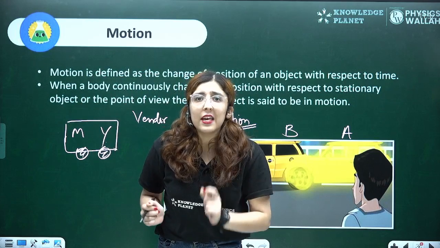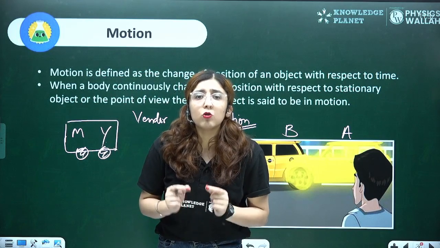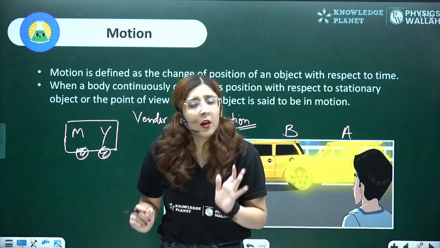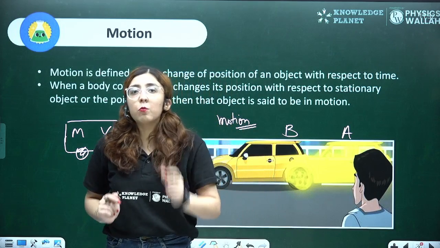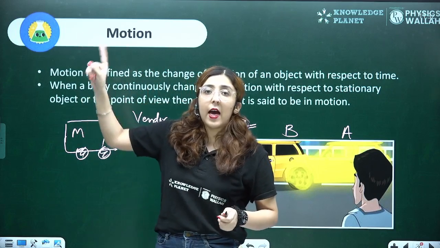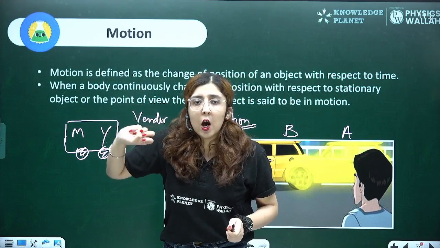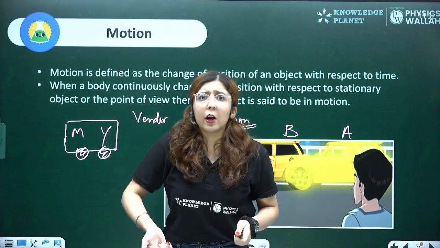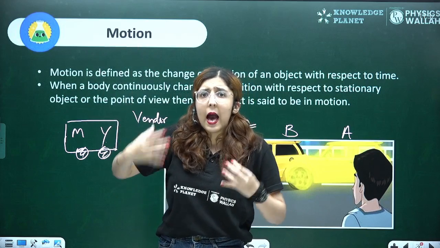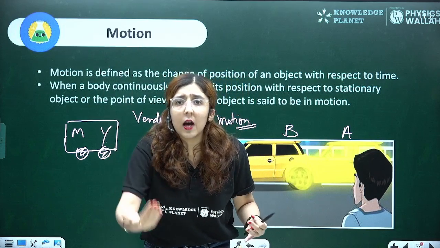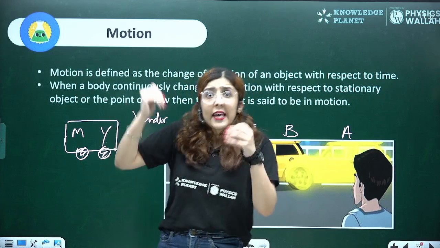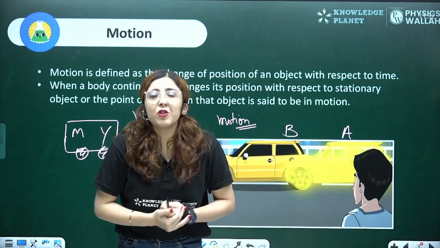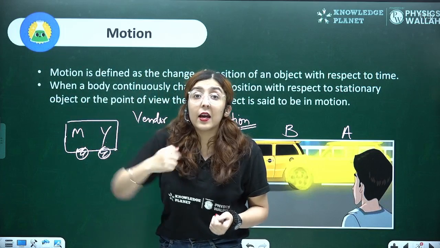Because you can see me there at a particular place, not changing my position with time. But there is someone who will say, no, Tanya, you are moving. Who's that? The astronaut there in space. Why so? Because I am a part of the earth, and for him, I am changing my position with time. With earth, I am changing my position with time. He can observe me changing my position with time. So he will say, I am moving.